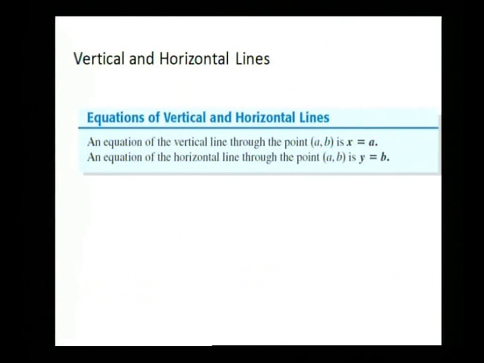Generally we can say that the equation of a vertical line through the point (a, b) is x equal to a, and the equation of the horizontal line through the point (a, b) is y equal to b. So these are the equations of horizontal and vertical lines.